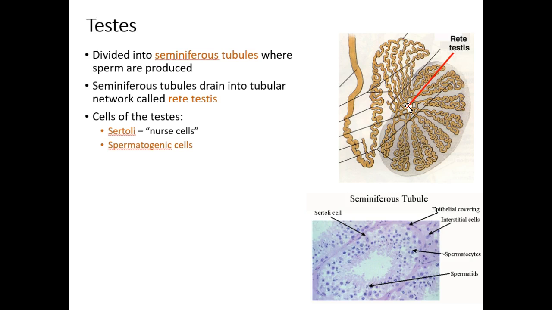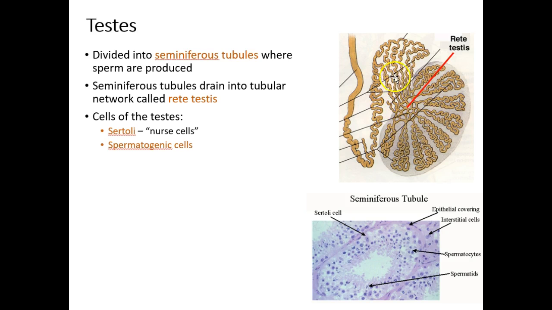We have 46 chromosomes, and in these little areas we start to break that material down to 23 chromosomes, which is the initial phase of making sperm. So we start out in these seminiferous tubules, which drain into the rete testis, where you can see that they all start to group up.